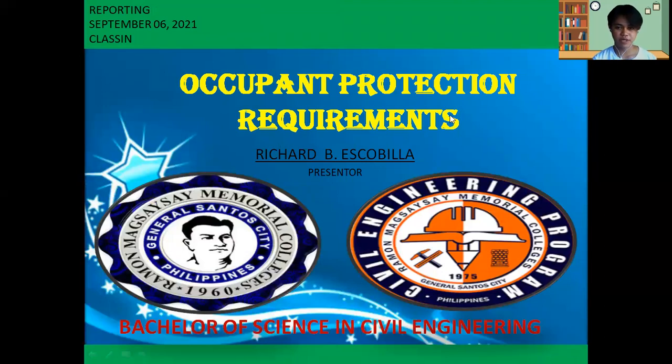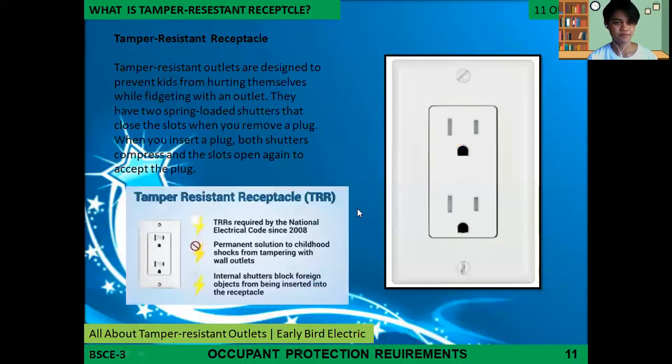And my second topic is all about the occupant protection requirements. Okay. What is a tamper-resistant receptacle? Tamper-resistant receptacles or tamper-resistant outlets are designed to prevent kids from hurting themselves while fidgeting with an outlet.